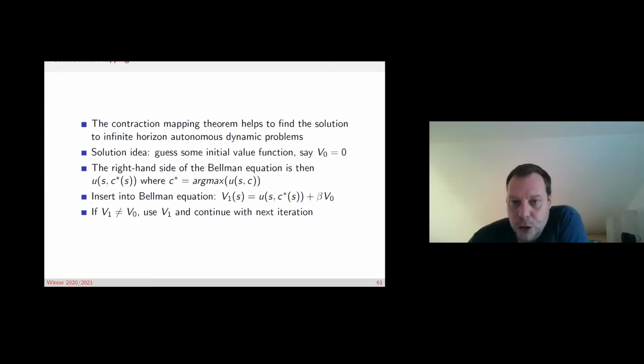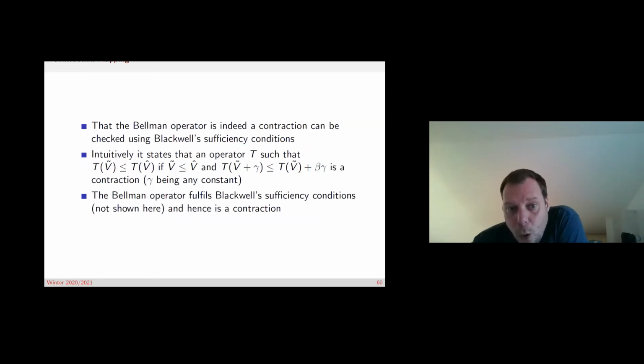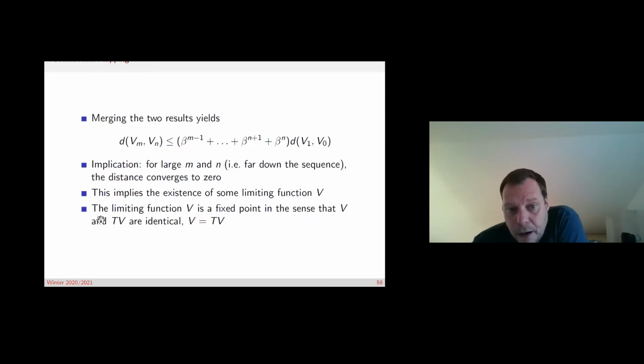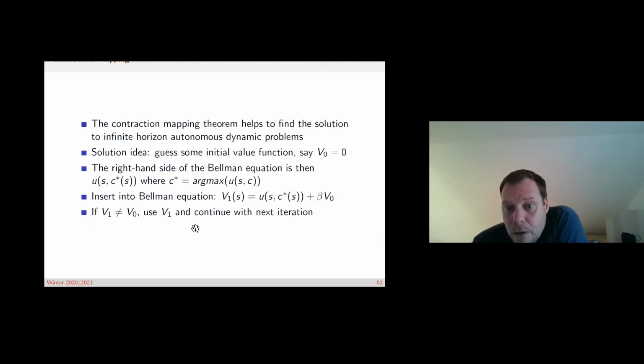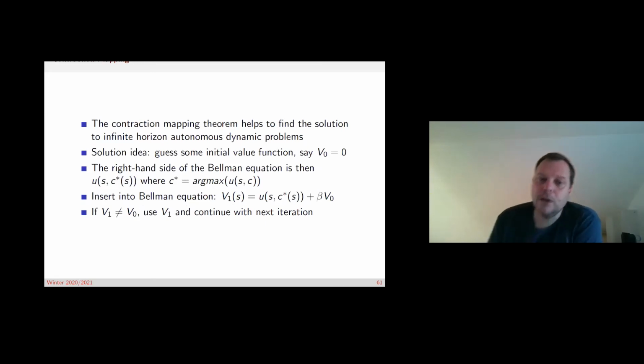And what you then want to check is whether this and this are identical. Because when it is identical, we know from this fixed point that this is the solution. If we know that V0 and V1 are identical, well, then we are there. Then we know the functional form.